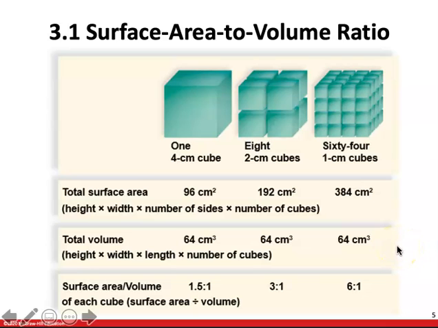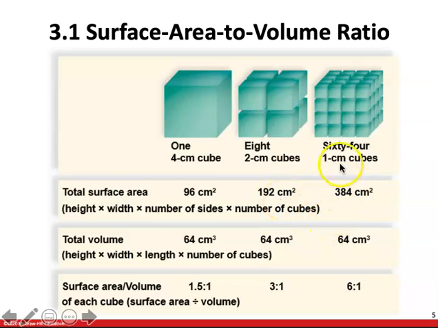However, surface area is height times width times number of sides times the number of cubes. So the total surface area for the 1 4-centimeter cube is 96 centimeters. That's like the surface area of this side plus the surface area of this side plus the surface area of this side, and so on and so forth for all those sides. The surface area for 8 2-centimeter cubes is 192 centimeters.